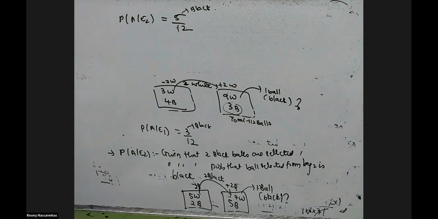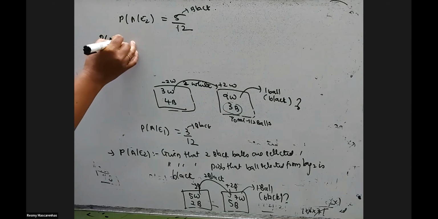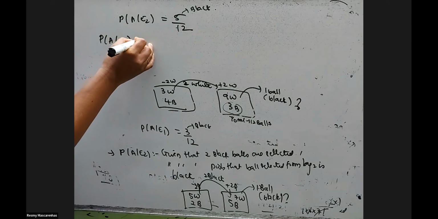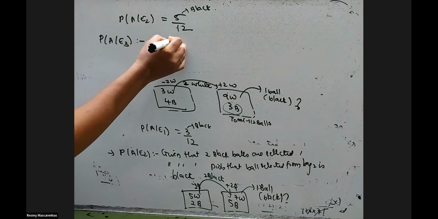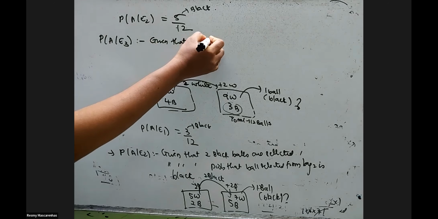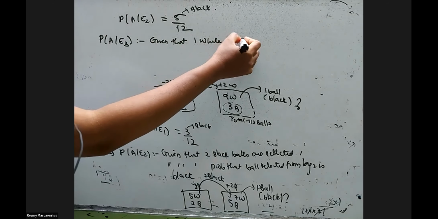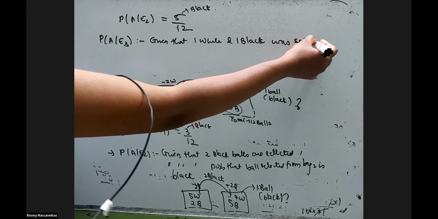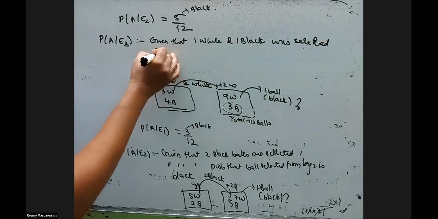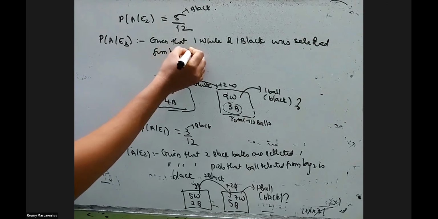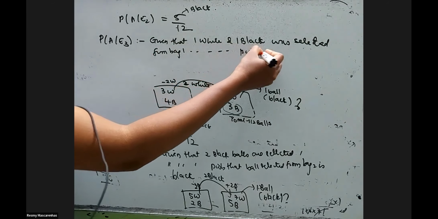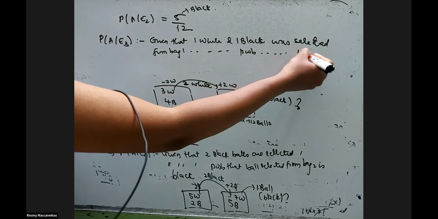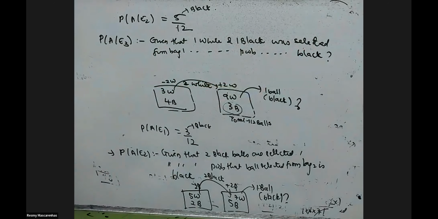And the last one, A upon E3. Given that one white and one black was transferred. Probability that, same thing. Probability that ball from bag 2 was black.